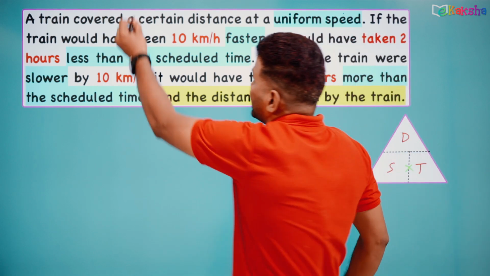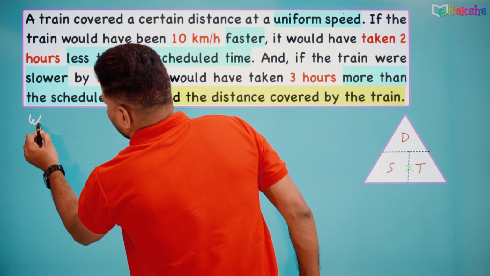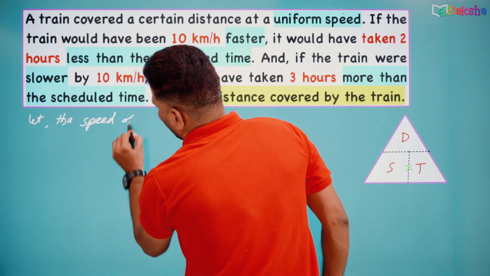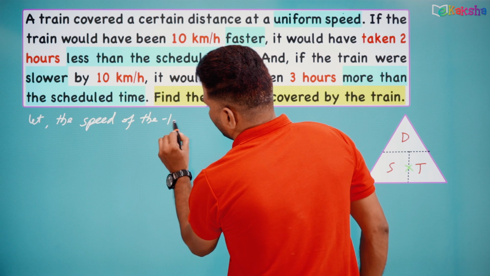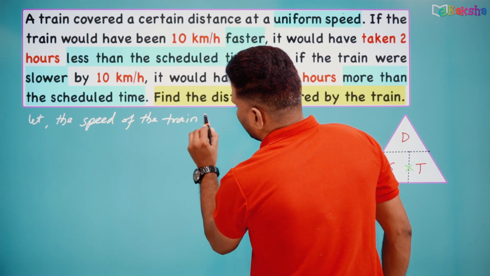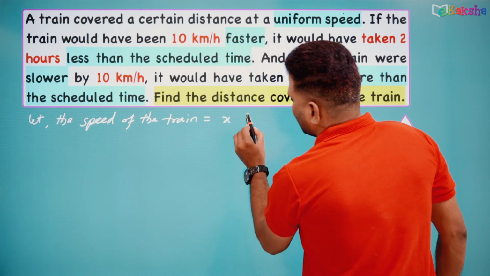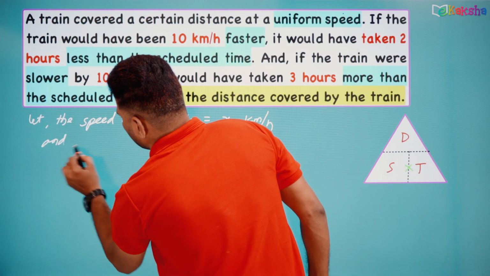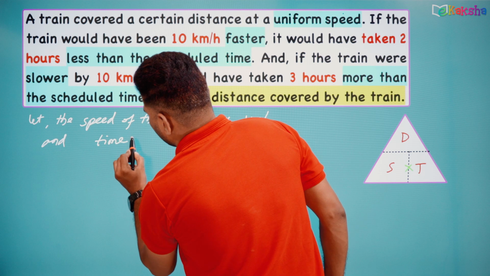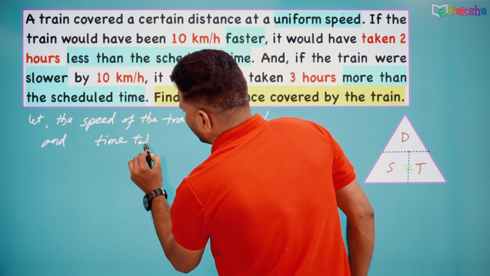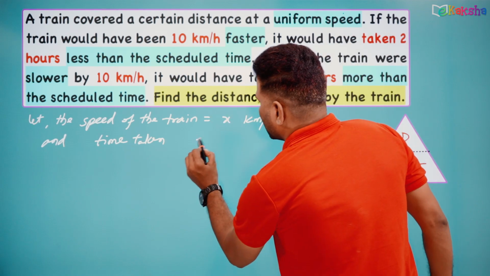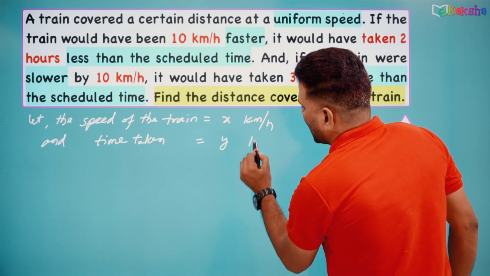Let the speed of the train be x kilometers per hour, and time taken to cover the distance be y hours.